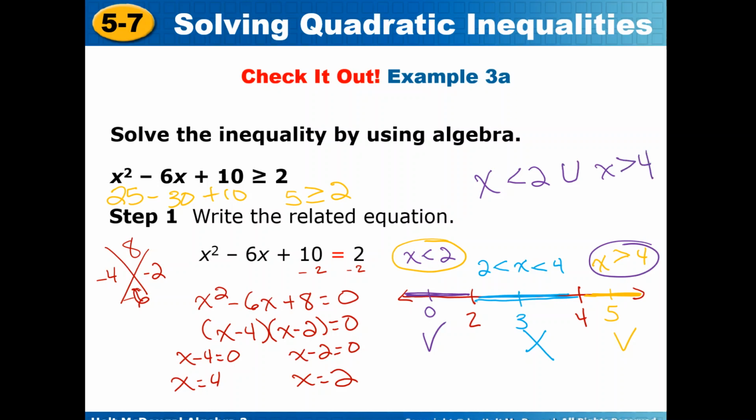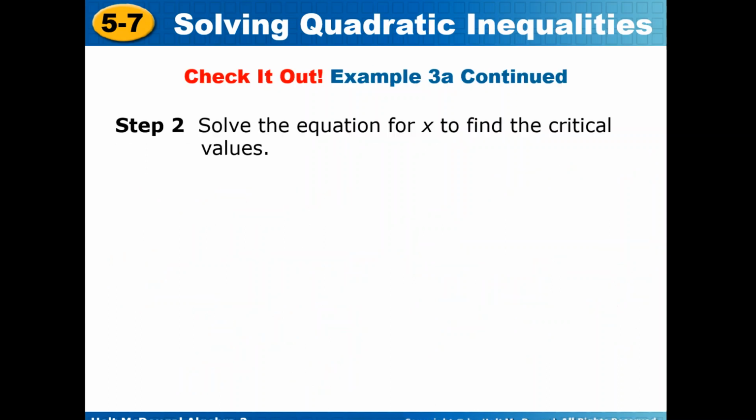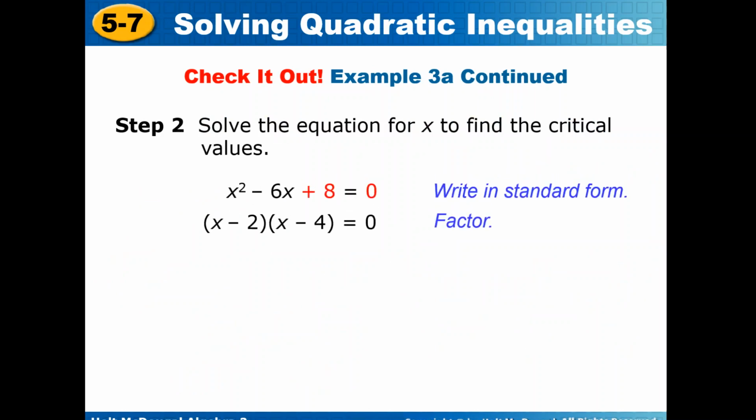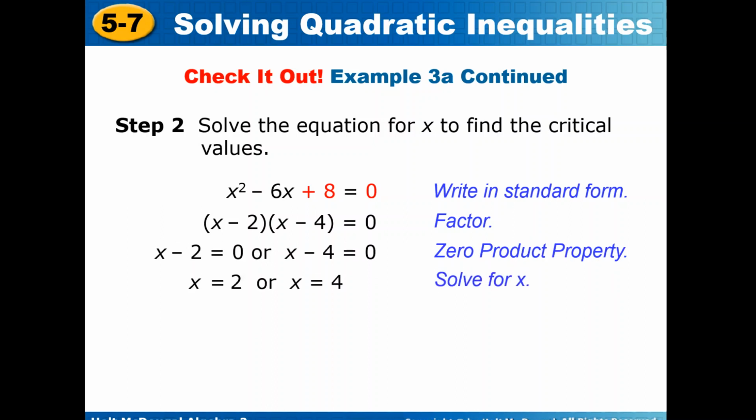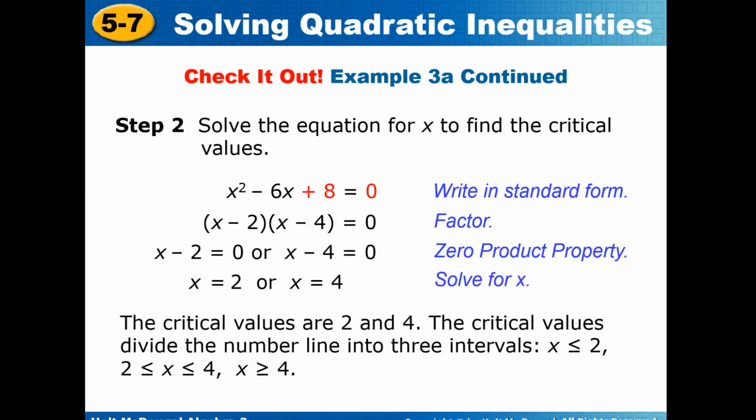All right, now I'm going to speed through it really fast on the next page, the way the book has it nice and neat and orderly, but you can see it again. You can slow down the video if you need to. So here's the solving of what we just did. First of all, write it in standard form, then factor it out. Using the zero product property, we see x equals 2 or x equals 4.